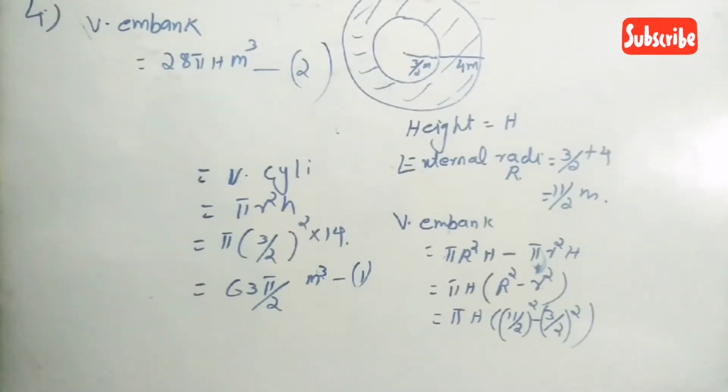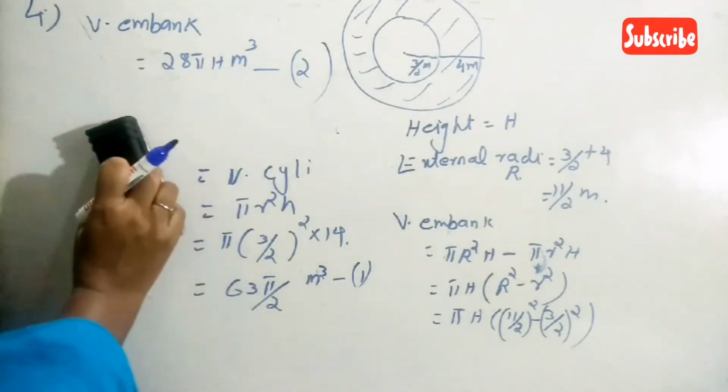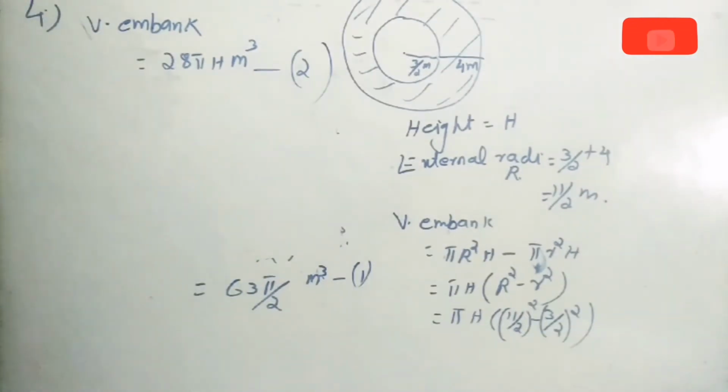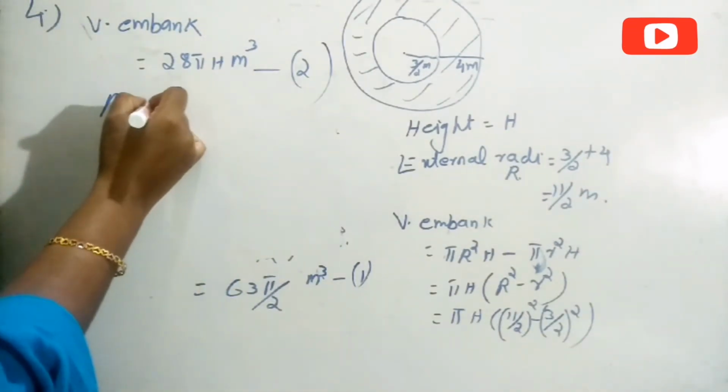What is the speciality of equation number 1 and equation number 2? Equation number 1 is the total amount of earth taken out by digging the well, and equation number 2 is the volume of the embankment. In the embankment we have the earth taken out by digging the well, so equation number 1 and equation number 2 are equal according to our question.